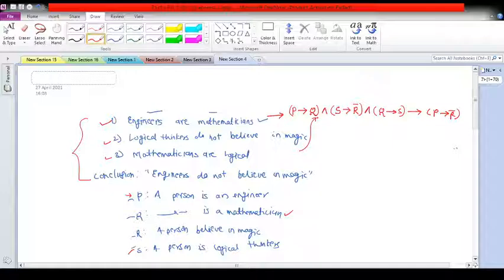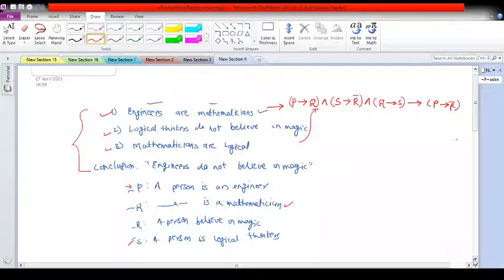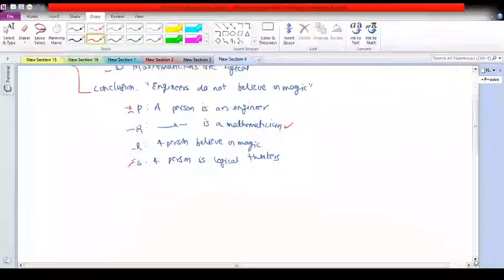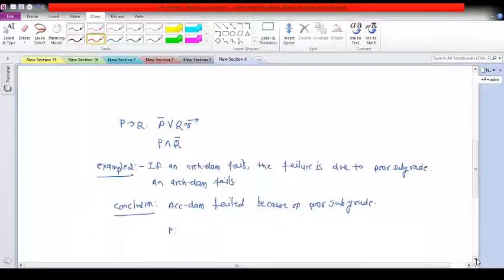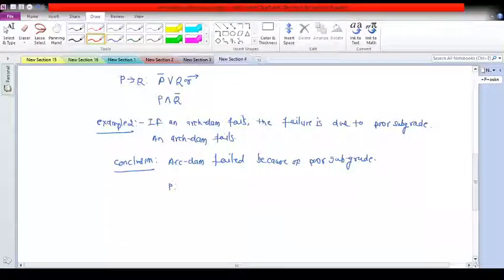And what is the truthness? You know how we can find it out. Okay. And the truthness will generally be indicated in terms of zeros and one. Now the second proposition I'll write. Let's say this is an example with a contradiction. So suppose example 2, let us have the hypothesis that if an arc dam fails, the failure is due to poor subgrade.